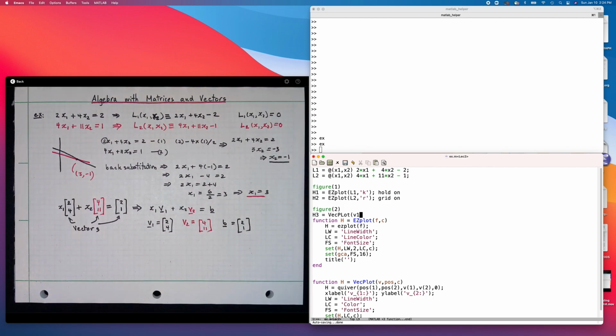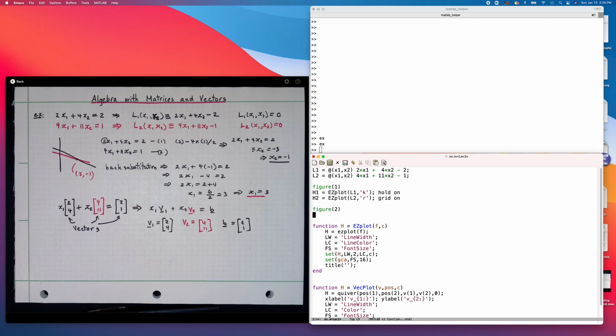So I'm going to create these vectors in Matlab. Before I plot, let me define the vectors. So v1, and I want it to be a column vector. In Matlab, we do row vectors, so we separate the elements with a comma.